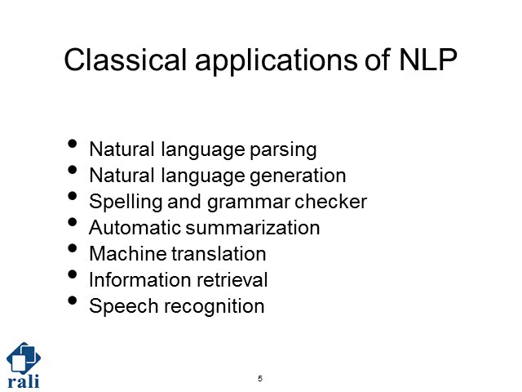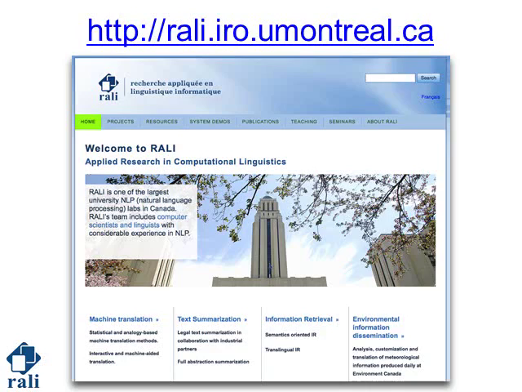So those are some of the applications of NLP, and with that, we've been working in this area for a few years now, and we have a lab, if you're interested to see what we're doing.